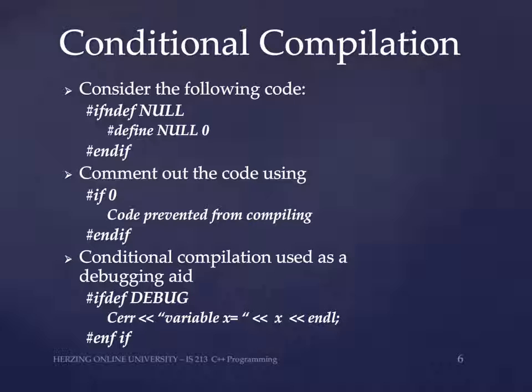For example, if you have #ifdef DEBUG cerr << "Variable x = " << x, this causes the cerr statement to be compiled in the program if the symbolic constant DEBUG has been defined before the directive #ifdef DEBUG.